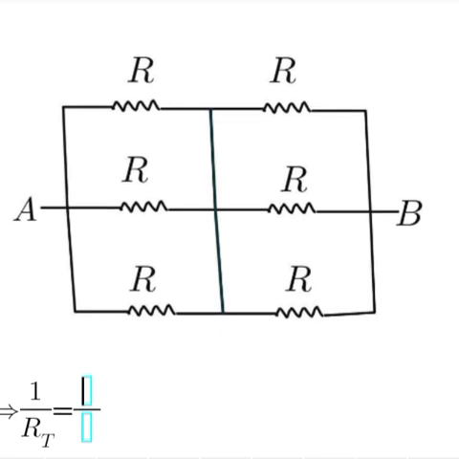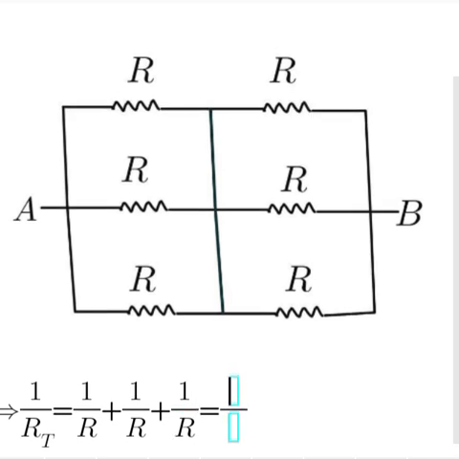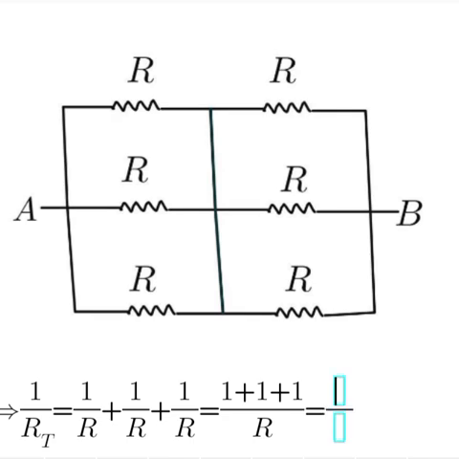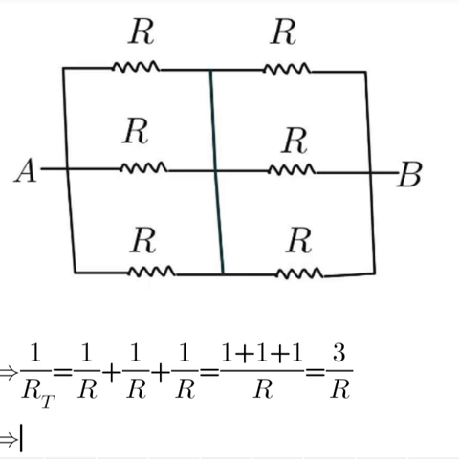In this case it is R, so it's 1 over R plus 1 over R plus 1 over R. So now sum this up. The sum of R means R, and on this side is going to be 1 plus 1 plus 1. This is going to be equal to 3 over R.